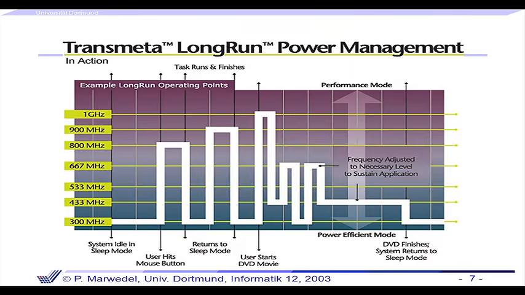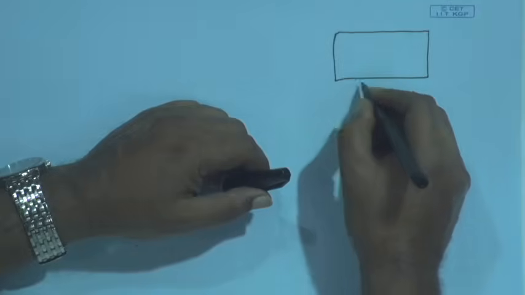Now, ideally we can think of a processor, for the sake of power management, having a power supply which I can continually change. Suppose I had a VDD box here, a power supply box.